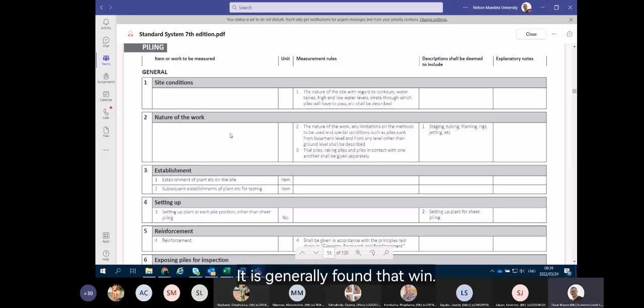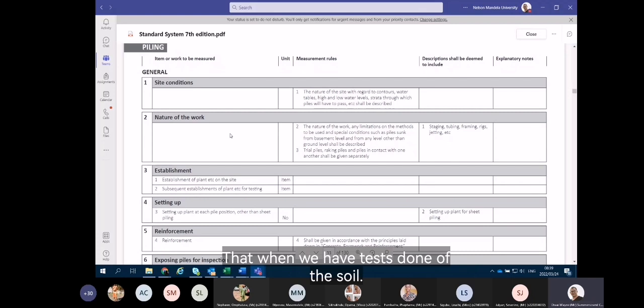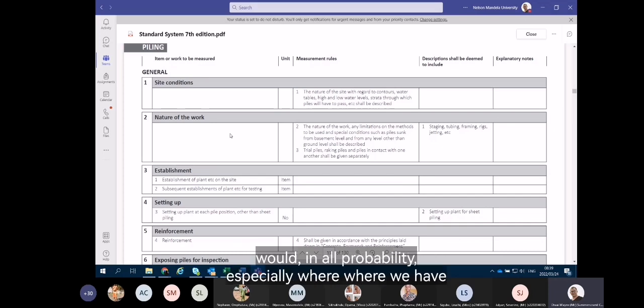It is generally found that when we have tests done of the soil, the engineer would then advise that different types of foundations be used, and they would, in all probability, especially where we have aggressive movements such as in the form of clay, or even where it's very sandy soil, have piles that are being used in order to support the structure.